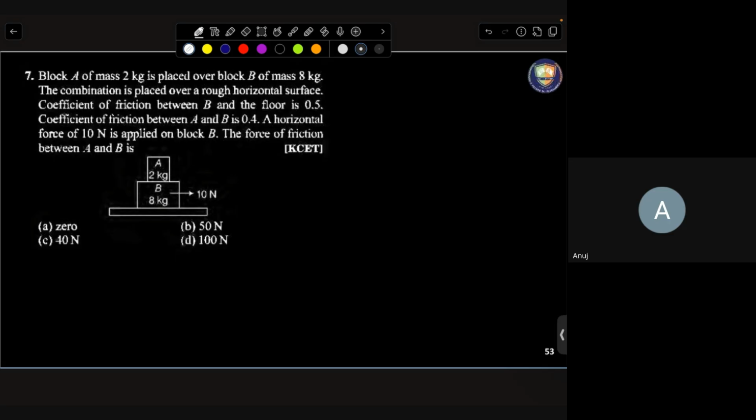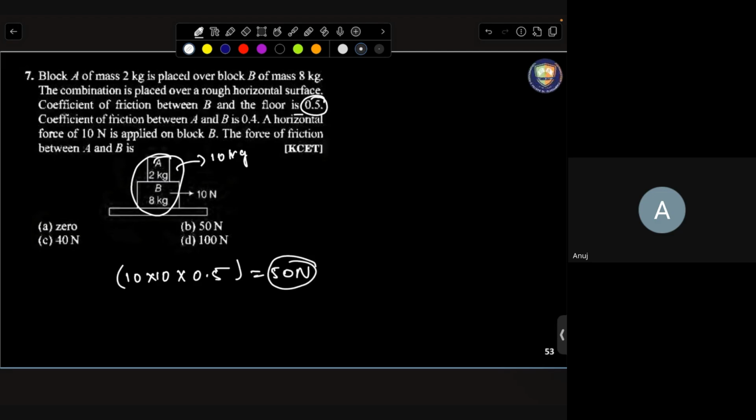Basically, here we need to look at the limiting friction first. So overall, this as a system is 10 kg, and mu between B and the floor is 0.5. Correct? So 10 kg into 10 is the Newton weight, multiplied by 0.5 is nothing but 50 Newton. You can see the limiting friction itself is greater than the applied force. So the whole system will not move.